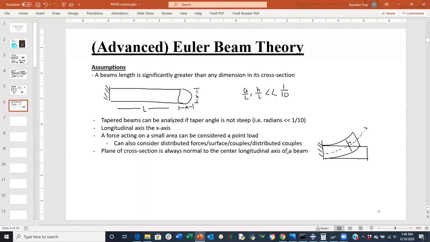So that's essentially what this means, and that's an important assumption, so we don't have regular compatibility issues when analyzing Euler beams.